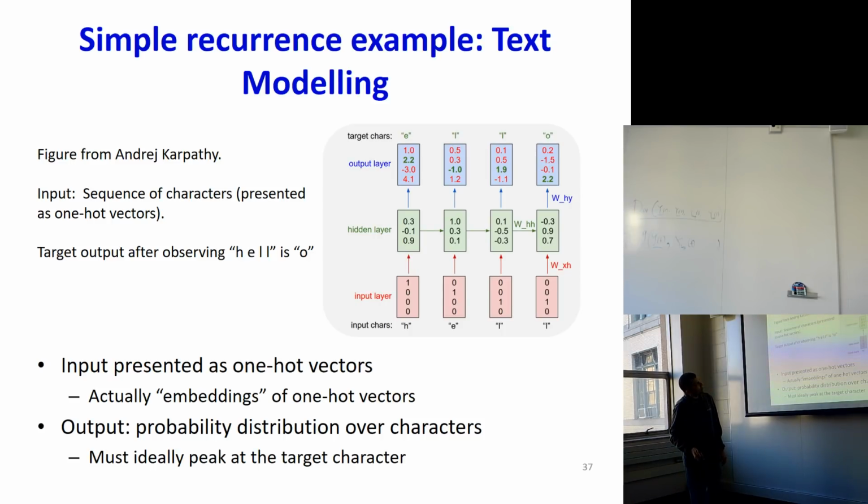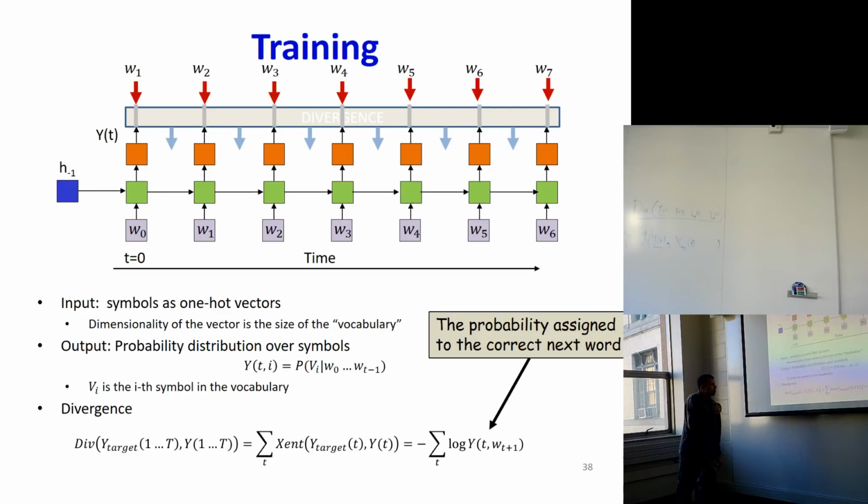In this case, I think he's actually showing log probabilities. So the output is the probability distribution of our symbols. At each time t, the ith component of the output is going to be the probability of the ith entry in the vocabulary given all inputs, or possibly all inputs until that time, right?